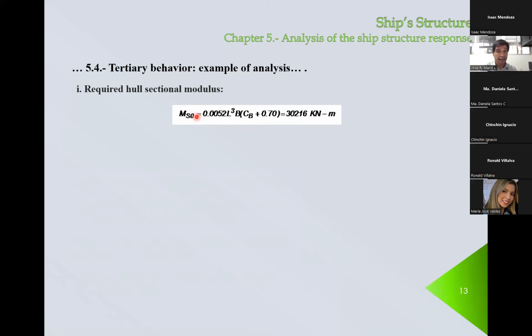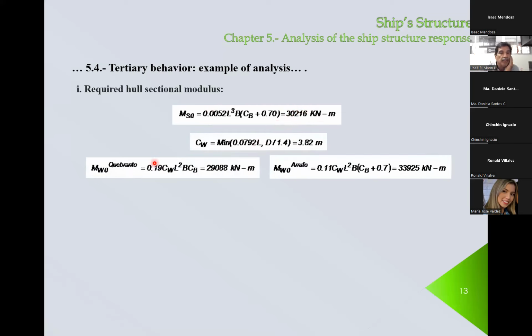You can do that, but the classification society gives you this expression to approximate that. Since this is 0, that means it's around the midship area. Remember, it was like a trapezoid, increasing linearly, constant, and then decreasing back to 0 in the forward end. So this is the central value, and this is the result. Later on, you can do the calculations.